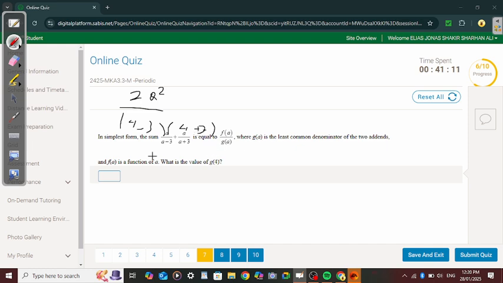This one's plus 3. So 4 minus 3 is going to be 1. 4 plus 3 is going to be 7. 1 multiplied by 7 is going to be just 7. So what is the value of G(4)? That is 7.